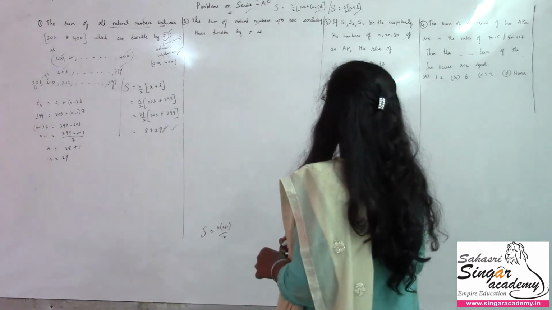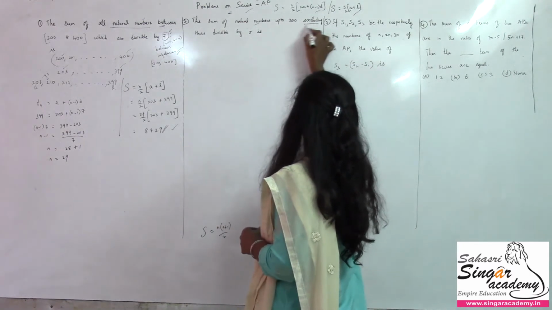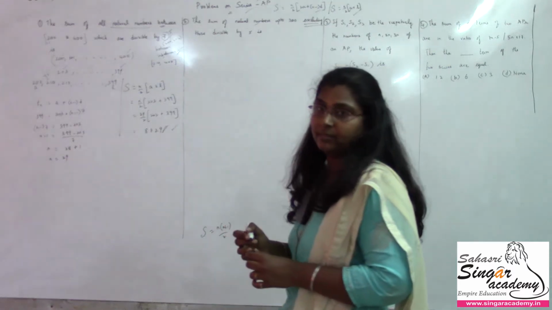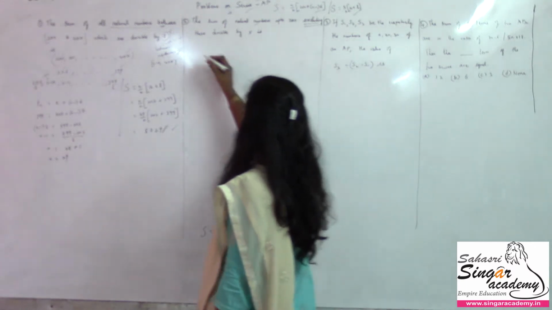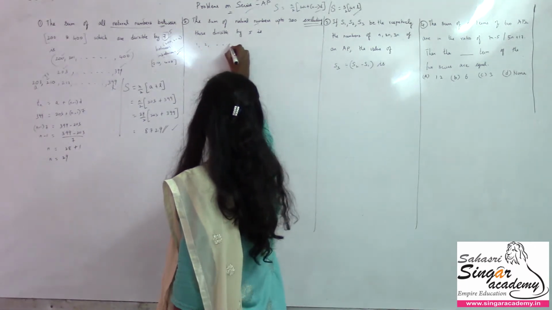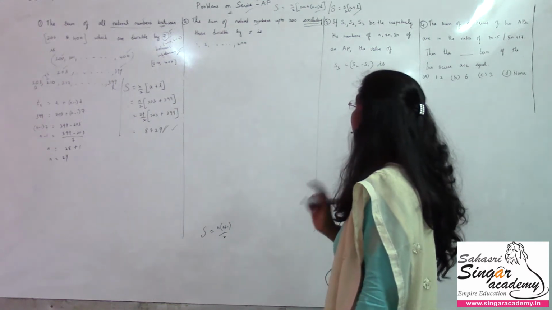The sum of natural numbers up to 200, excluding those divisible by 5. The natural numbers start from 1, 2, up to 200. Those divisible by 5 should not be considered.